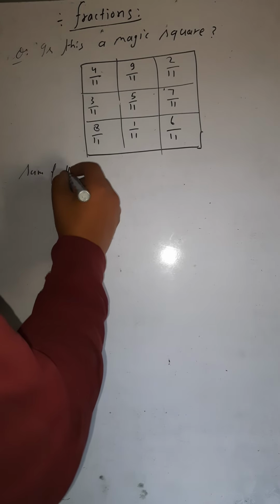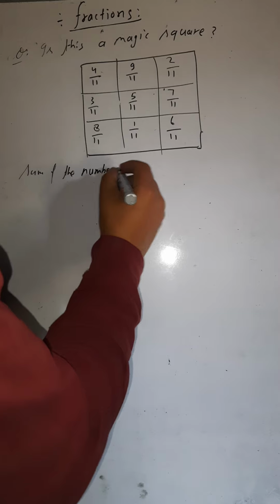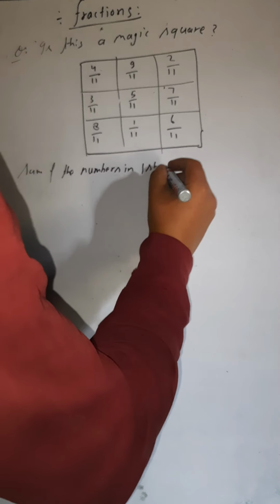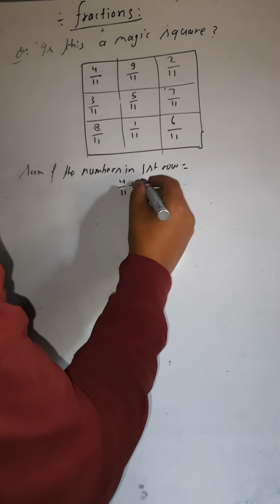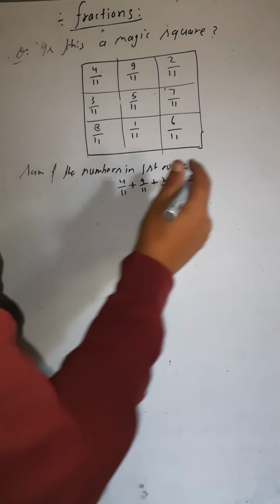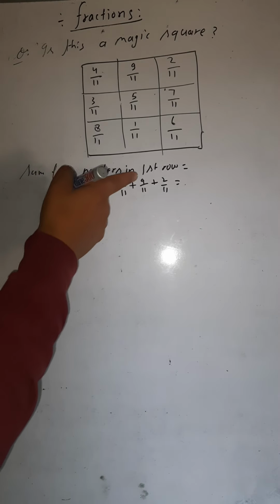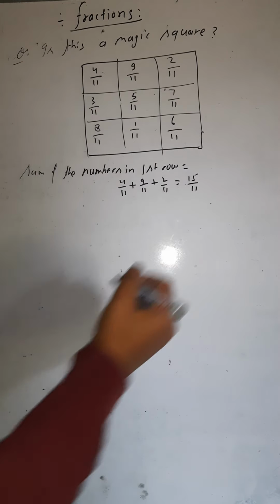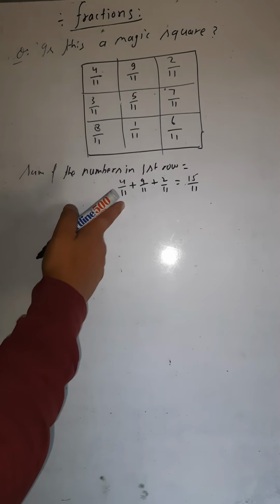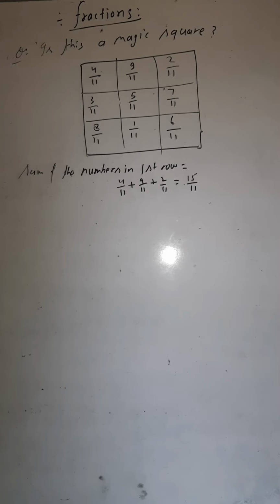The sum of the numbers in the first row is 4 by 11 plus 9 by 11 plus 2 by 11, which equals 4 plus 9 is 13, 13 plus 2 is 15, total by 11. Because the denominators are the same, you add all the numerators, so it would be 15 by 11. This is the sum of the first row.